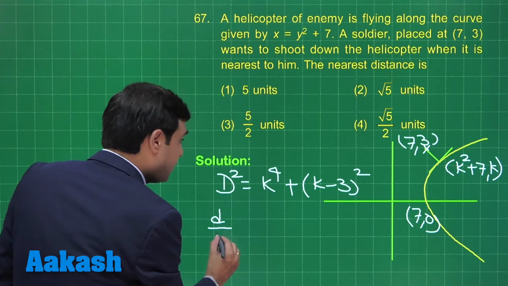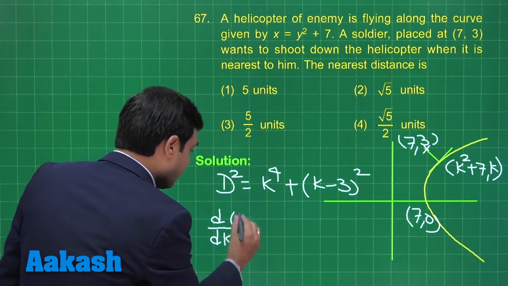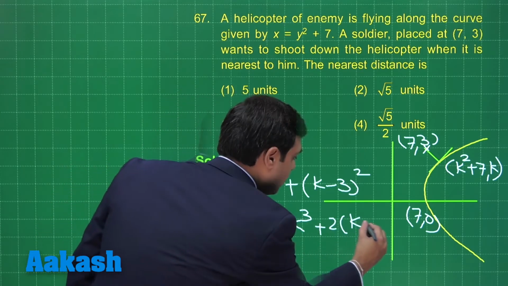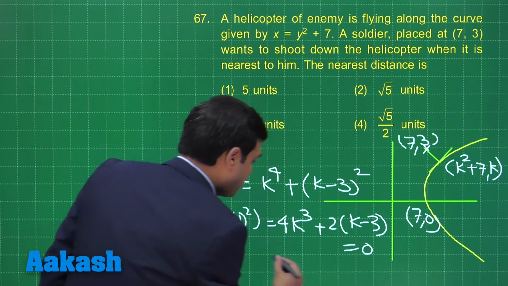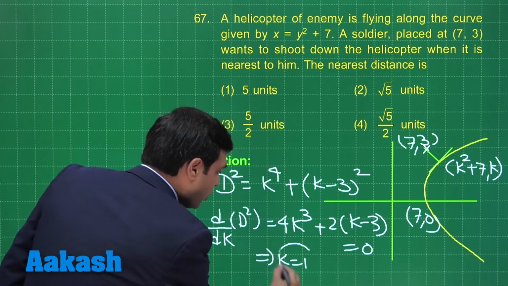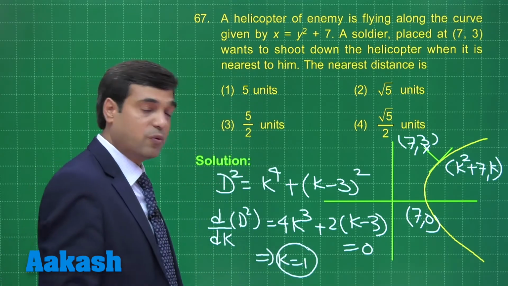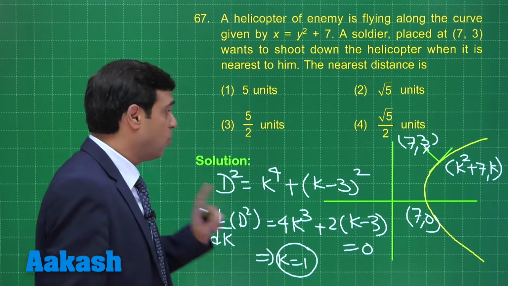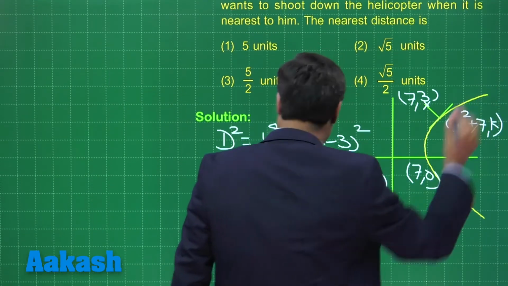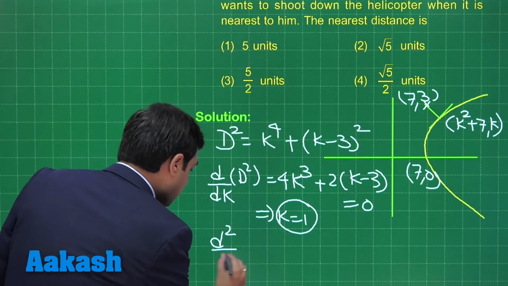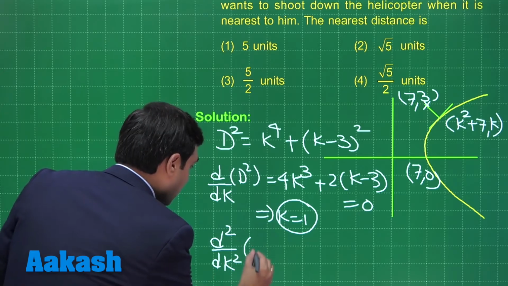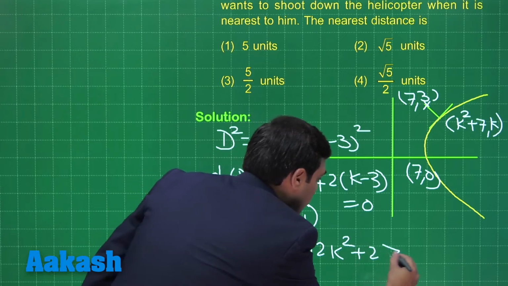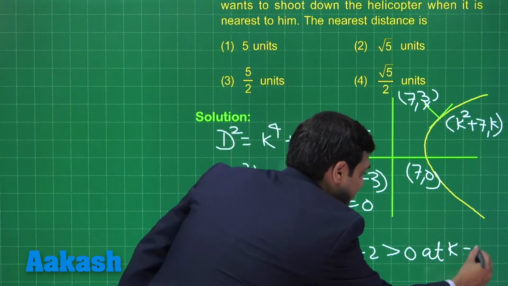Now differentiating this equation with respect to k, you get 4k³ + 2(k − 3) = 0. Clearly k = 1 is one of the possible solutions. Now taking the second derivative, d²/dk² of d² is 12k² + 2, which is positive at k = 1.